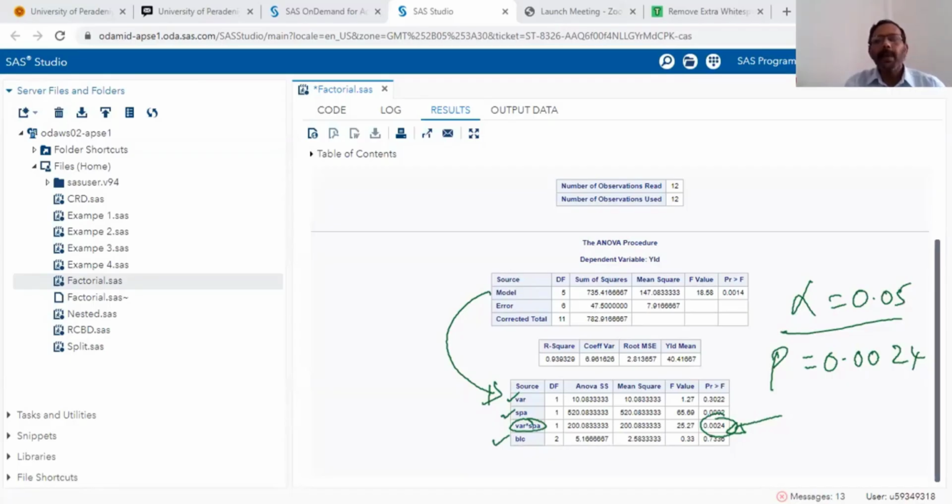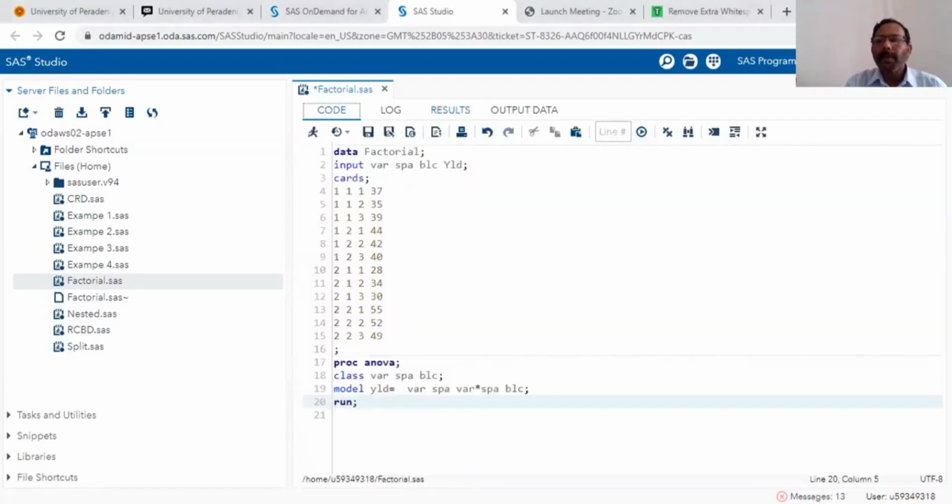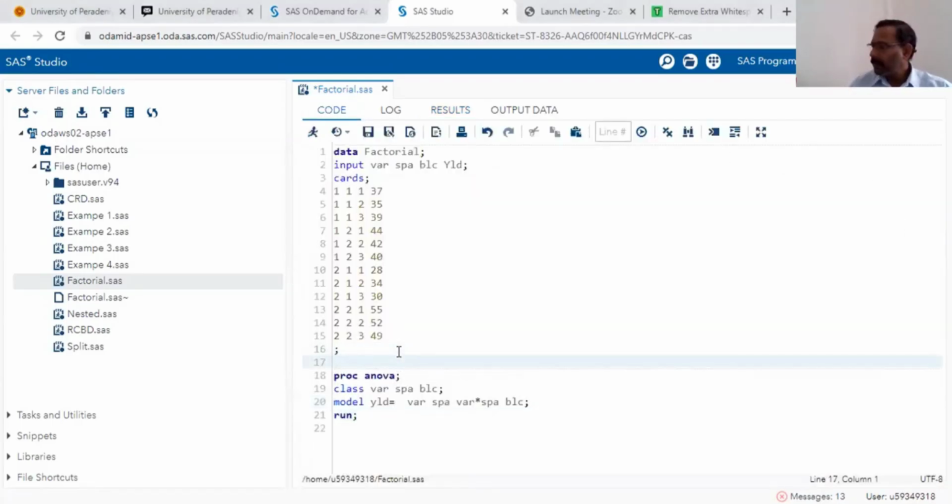Now we'll have to go for mean separation. Write down your own mean separation. Can somebody tell me which one is better? Explaining with variety as constant, explaining about spacing.